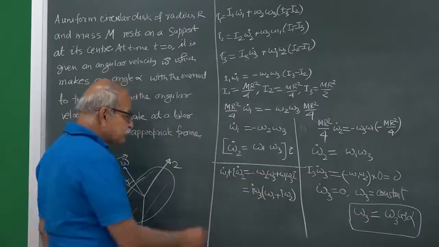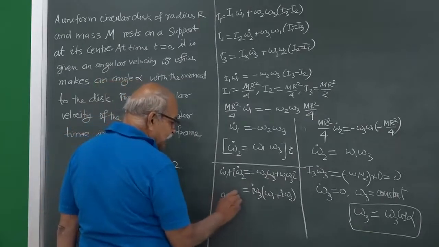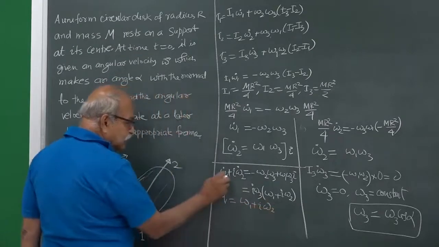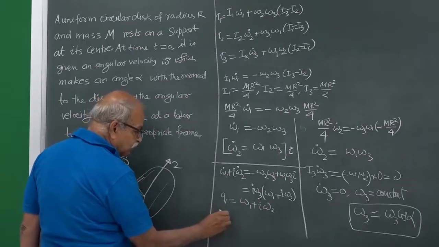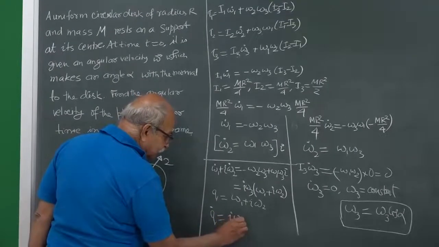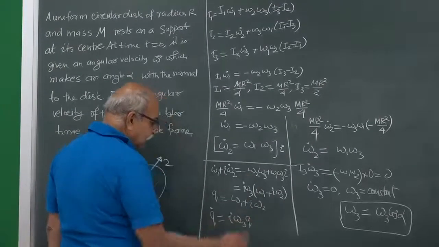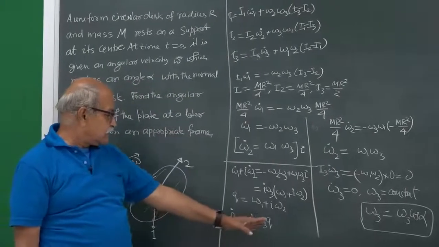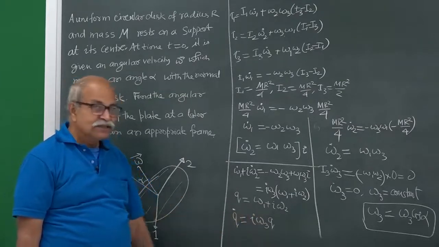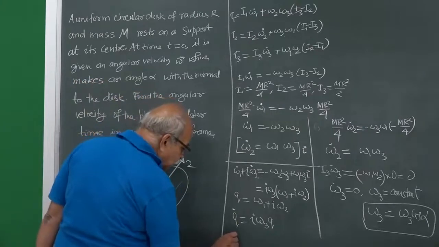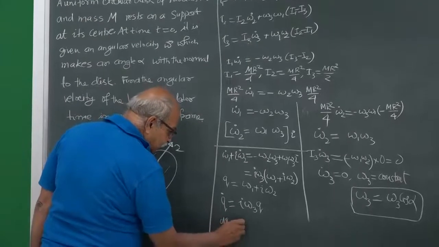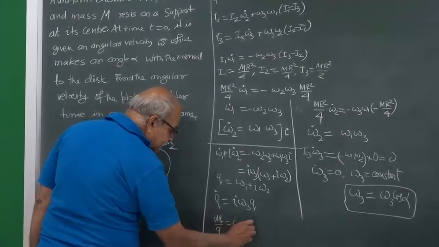So, if I name omega 1 plus i omega 2 as q, this is q dot. This is q dot, and is equal to i omega 3 times q. So, a quite simple equation, q dot is equal to i omega 3 q, and hence dq divided by q is equal to i omega 3 dt.